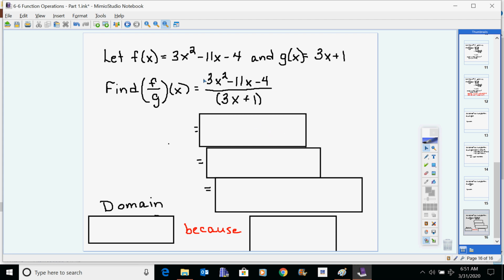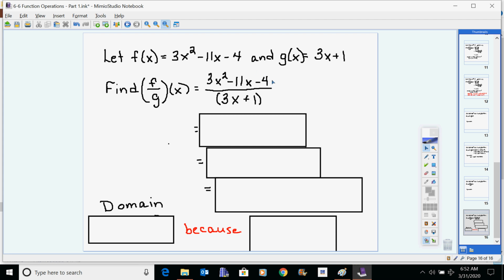Now, if you remember, if we're going to factor this, this is not a 1 coefficient. Again, you might want to go back and review some of your things about factoring, but since this is not a 1 coefficient, I have to multiply the first term times the last term. That would give you negative 12.